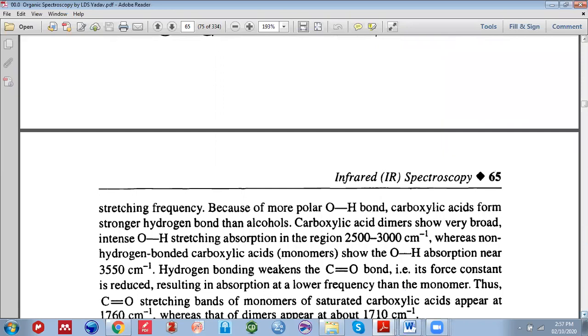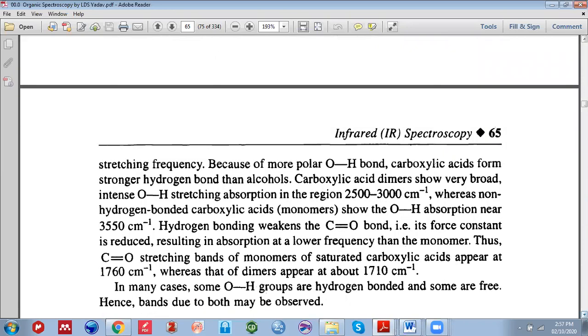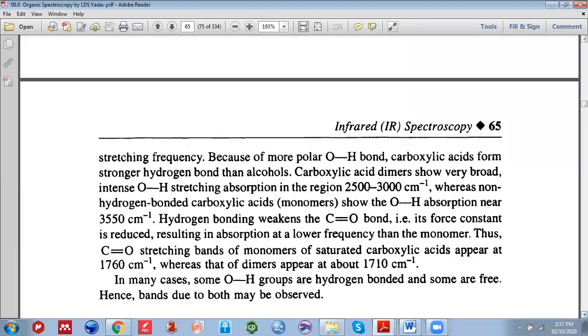Carboxylic acid dimer shows a very broad, intense OH stretching absorption in the region of 2500 to 3000 cm inverse, whereas non-hydrogen bonded carboxylic acid, that is the monomer, shows OH absorption near 3550.